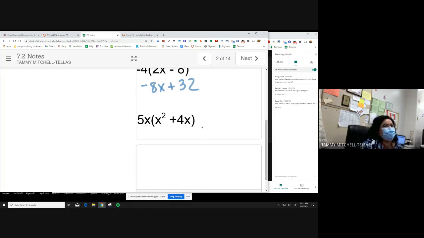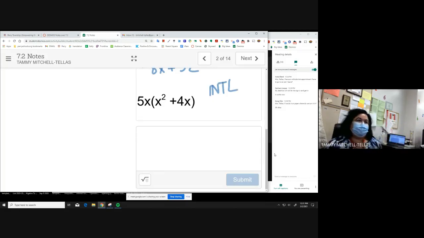And again, if you want to type it, if you have your Chromebook on the INTL setting, when you hit Shift-6, it'll push your exponent up. The other thing you can do is on this part down here, I can click that and then put 5x.